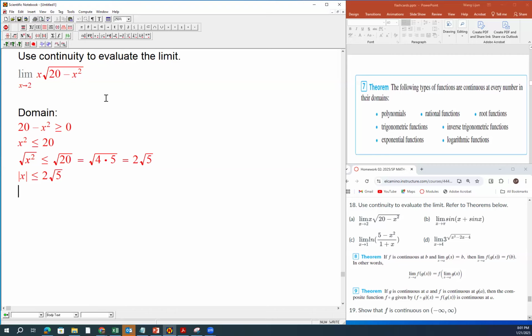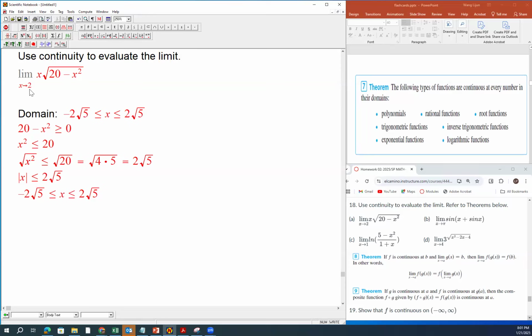What does that mean? It means negative 2 times root 5 is less than or equal to x, which is less than or equal to 2 times root 5. This is the domain. And this domain obviously contains 2.